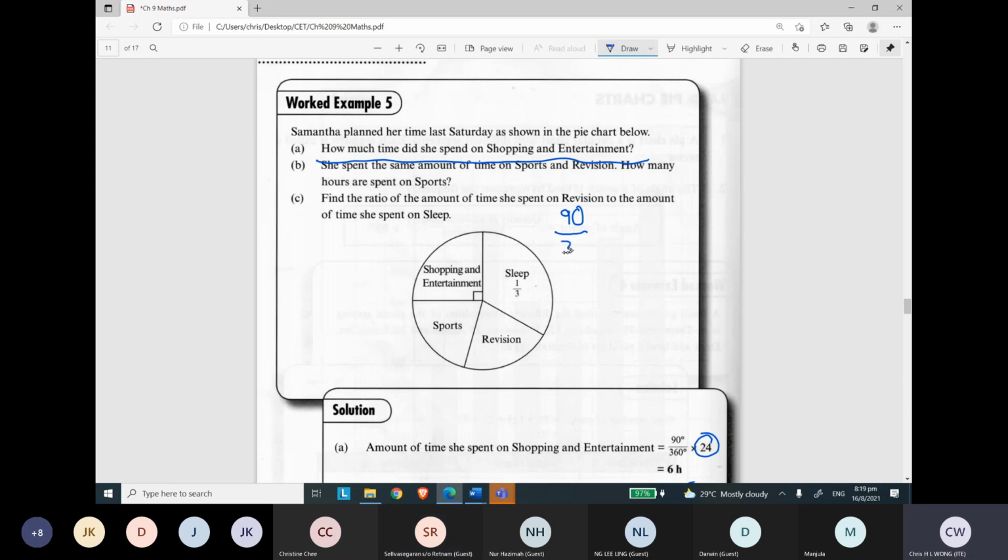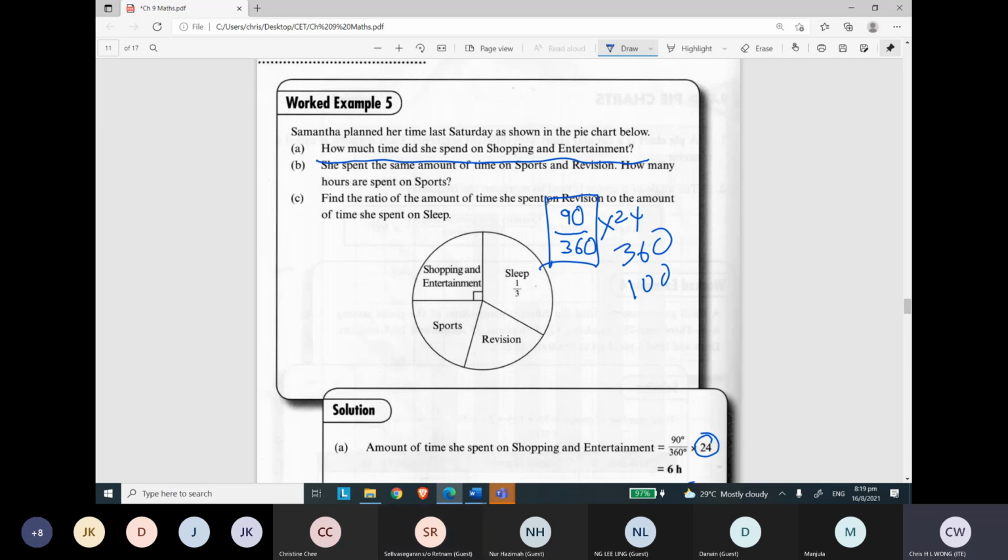The whole day is 360 degrees, right? If I want to find out how many hours, I will times 24, because the whole day is 24. If it's 360, I change it to degree. If I change to 100, you change to percentage. So it depends on what you're measuring. Can you see that? Okay.